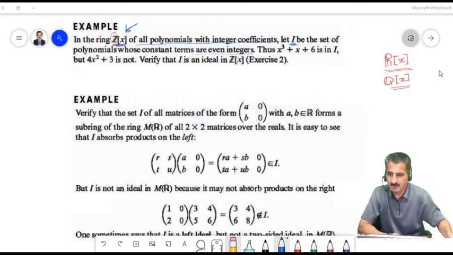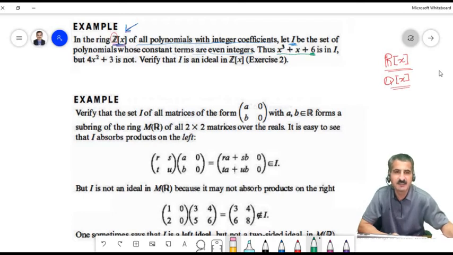So, for instance, x cubed plus x plus 6 is in I because the constant term here is 6, which is even. We could make 7 as a coefficient here, or 5 here. Still, we don't care about any term in the polynomial except the constant term.